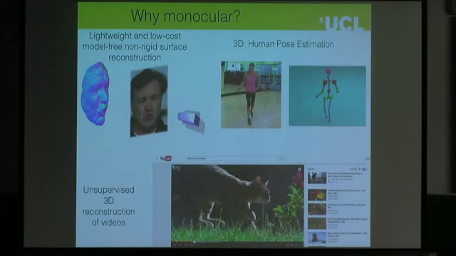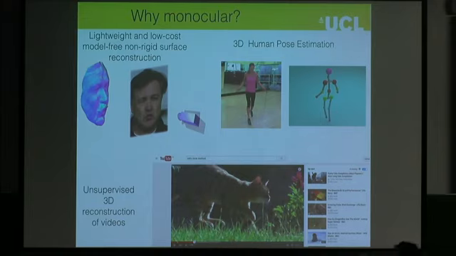And why do we actually want to solve this monocular problem? Why do we want to focus on really being able to reconstruct just from a single monocular stream? If we really want to tap into all of the videos that we now have on YouTube, on the internet, and we want to learn from these videos, then we need to really come up with unsupervised algorithms to be able to reconstruct the dynamic 3D world.